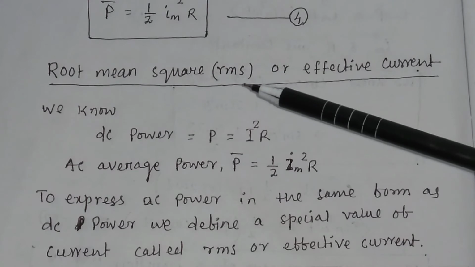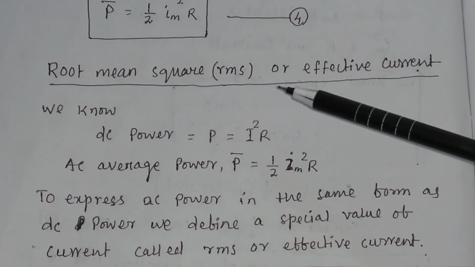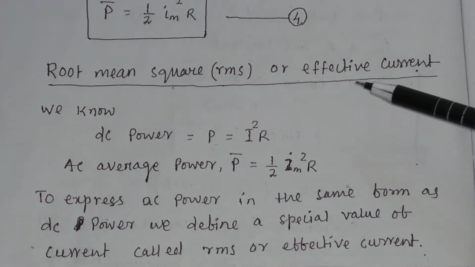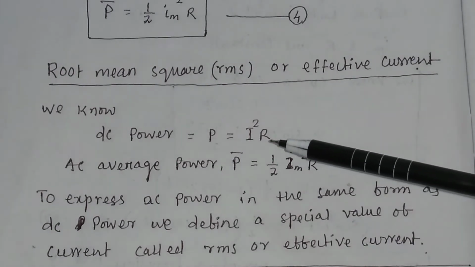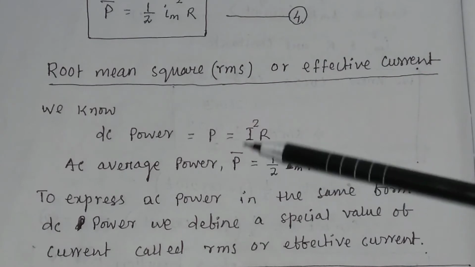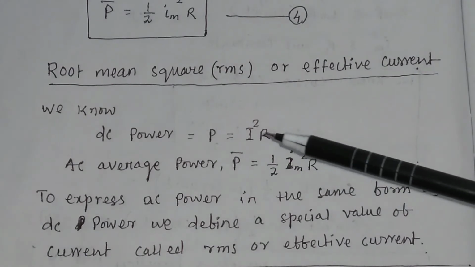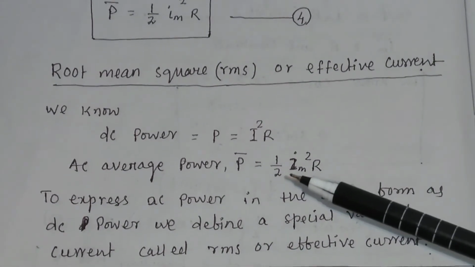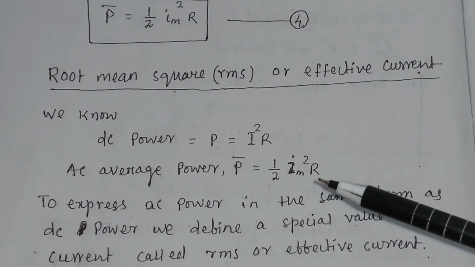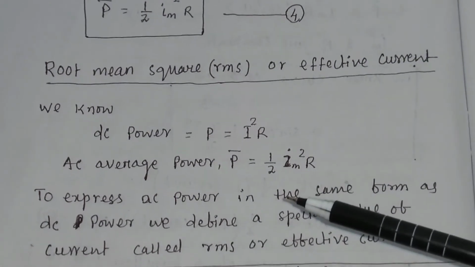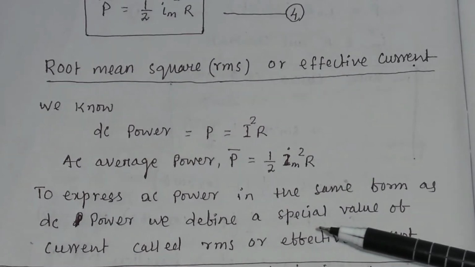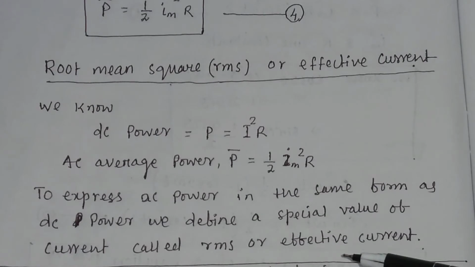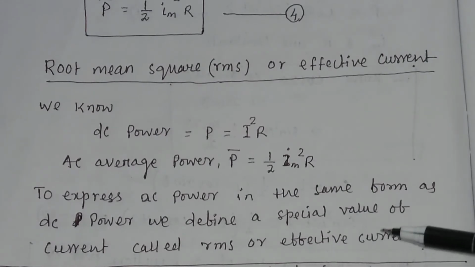Now let us discuss what is the root mean square value or effective value of alternating current. We know DC power P equals I square into R. But AC power, which is called average AC power, P average, is equal to half of Im square into R. So to express AC power in the same form as DC power, we define a special value of current called the root mean square value, or effective value, or RMS value of current.